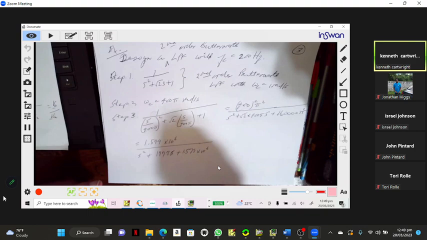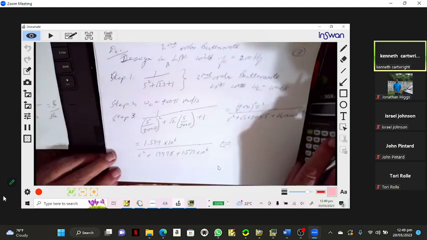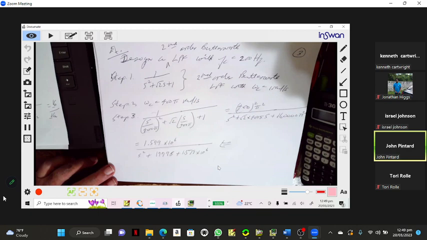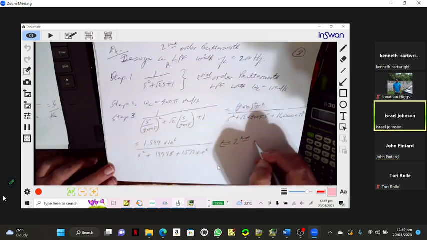What is this? What is that? As the transfer function? Of what? Of a second order Butterworth filter with a 200 hertz cutoff frequency.